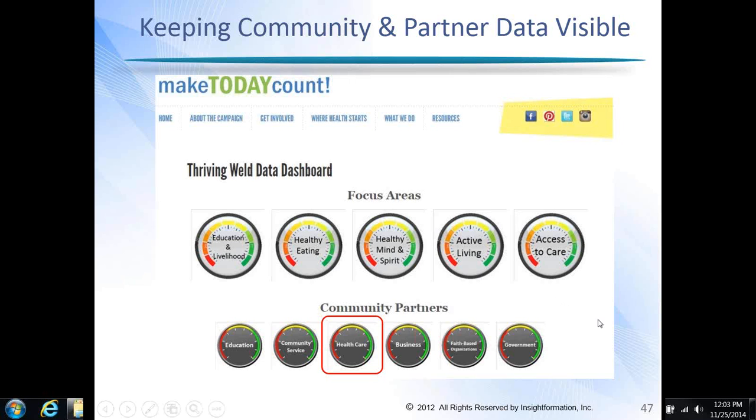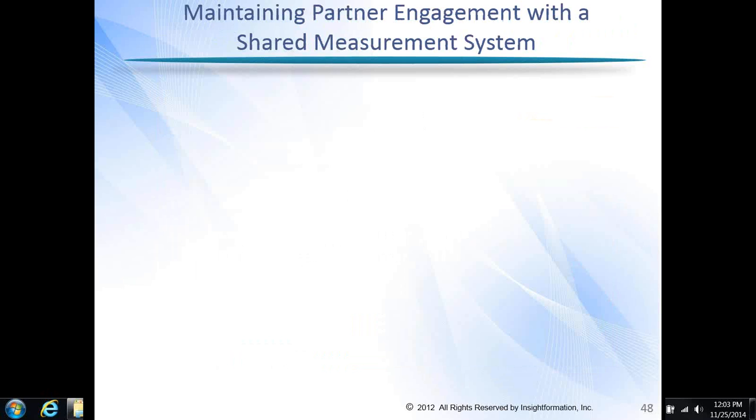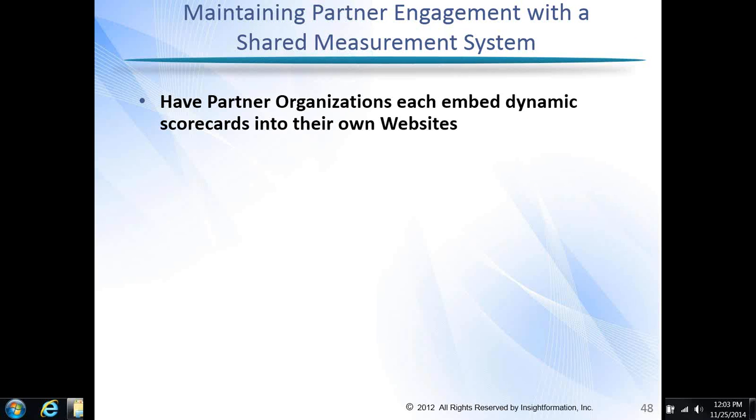So it's a powerful way to not just have shared measures, but a shared measurement system. A few techniques here. If different organizations have a dynamic scorecard built into their own website, but it's coming out of a shared system, that can be very valuable.